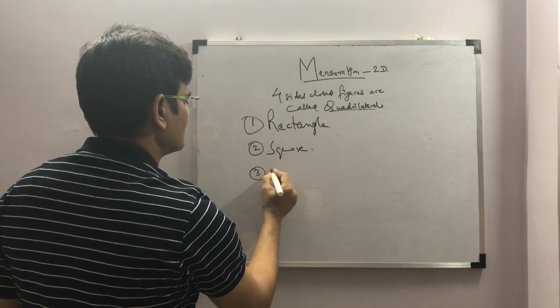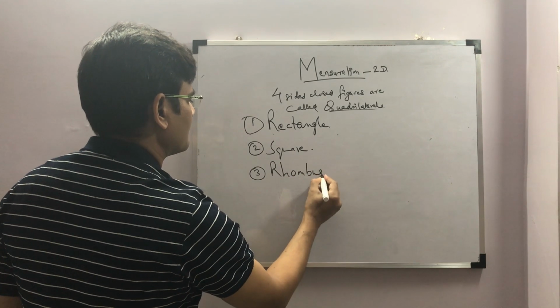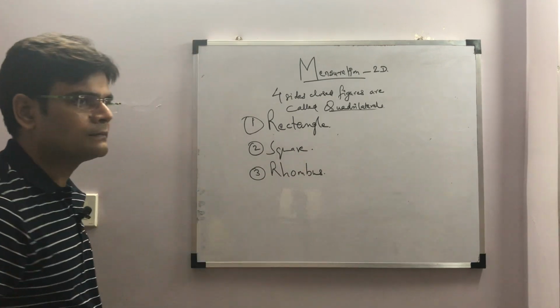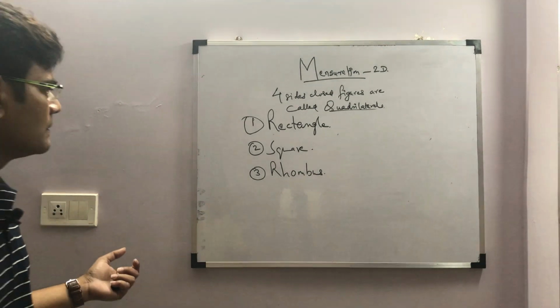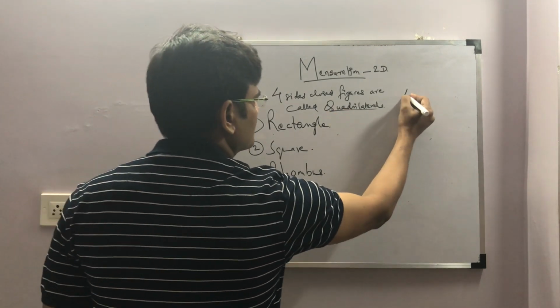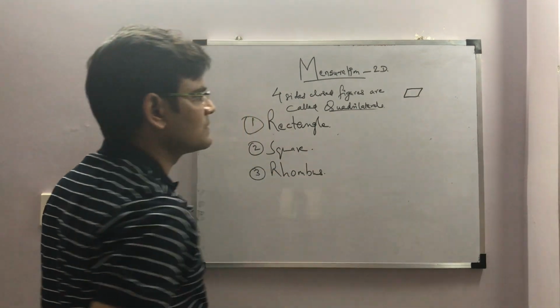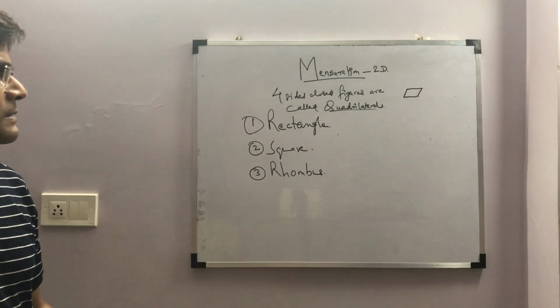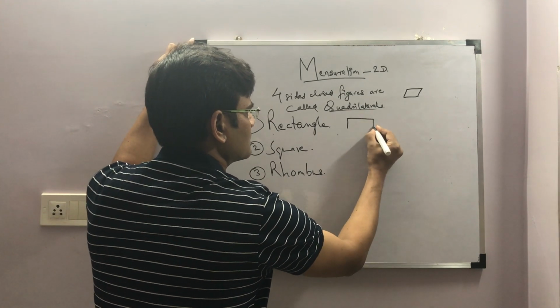Third is rhombus. Anything else you can think of? Parallelogram itself is already a parallelogram, so this is not a special figure. Rectangle, square, rhombus. What are rectangles? You know rectangles, everybody knows.